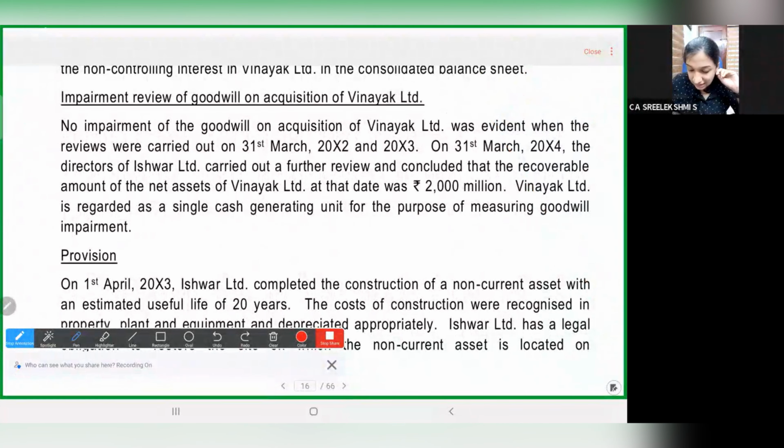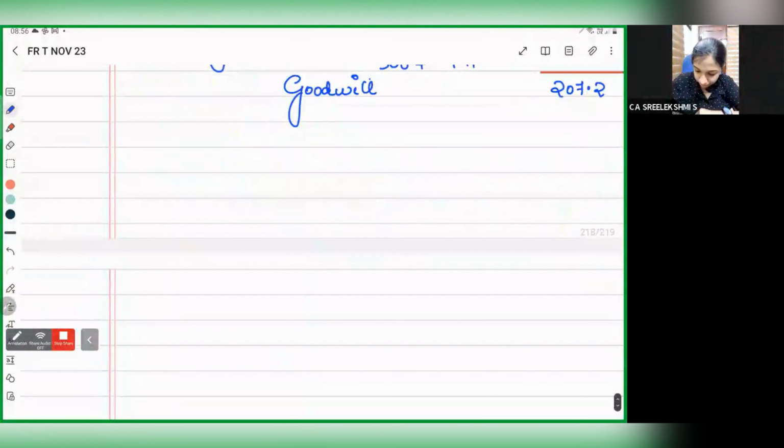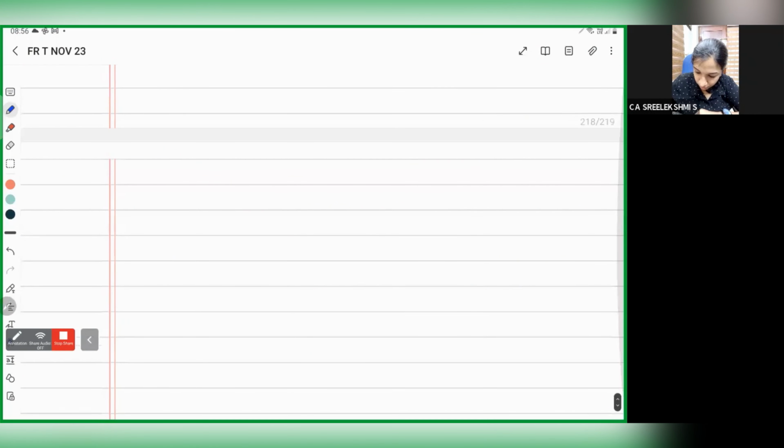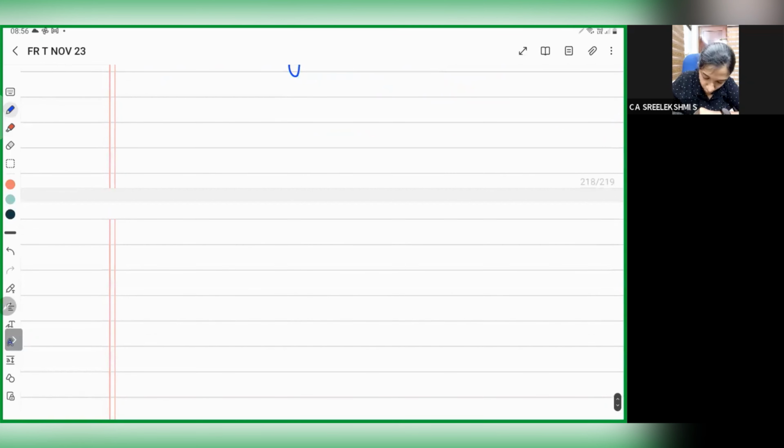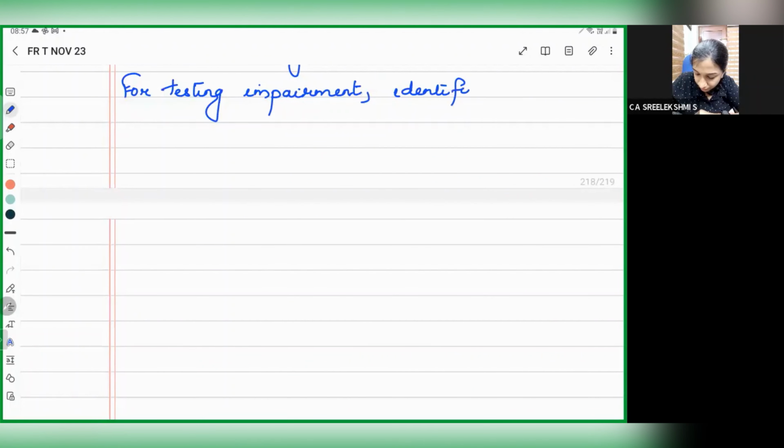For testing impairment, identify goodwill as full goodwill or partial goodwill.